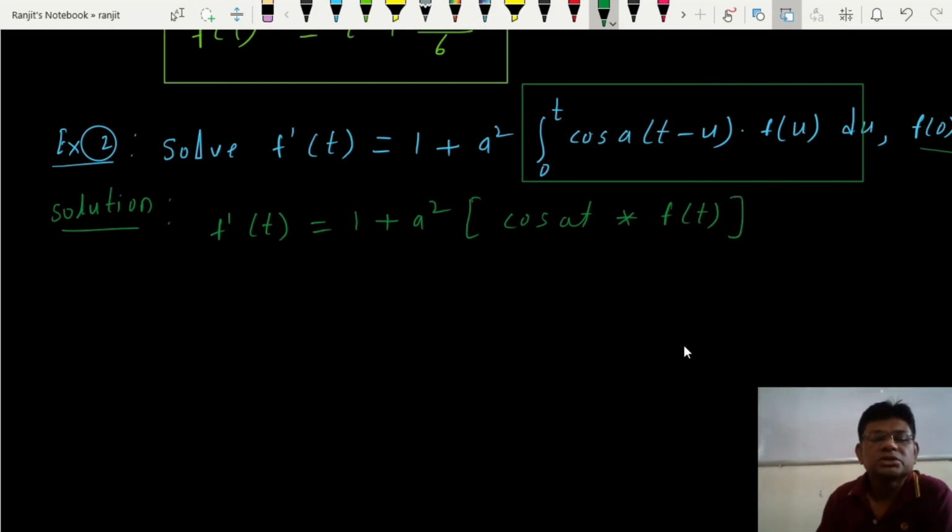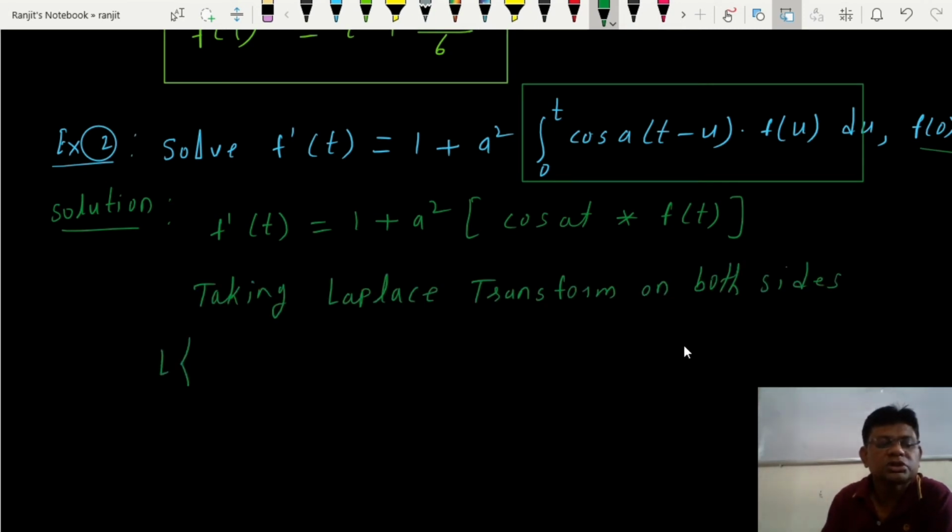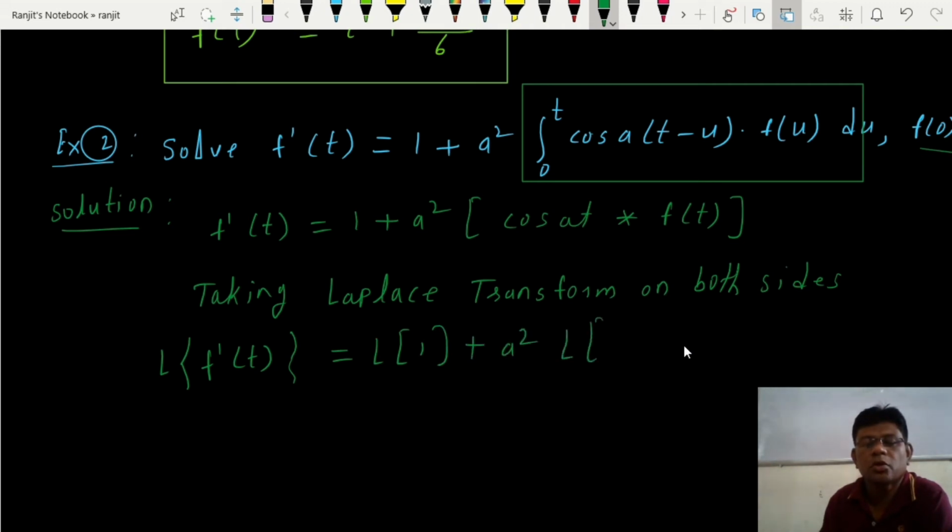Now taking Laplace transform on both sides, we obtain Laplace transform of f prime of t is equal to Laplace transform of 1 plus a square Laplace transform of cos at star f of t.